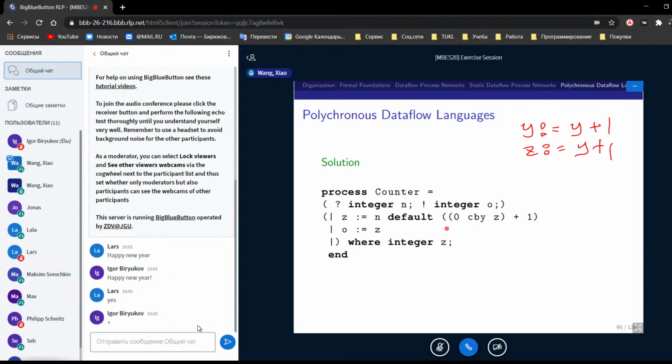Why? Because then you have bottom as the first value, continued by a sequence of integers, and then plus one. One is a stream. So what is the first value then? You have bottom plus one. That shouldn't be the case. So it has to be an integer here. It can be anything, as long as you are not using bottom.